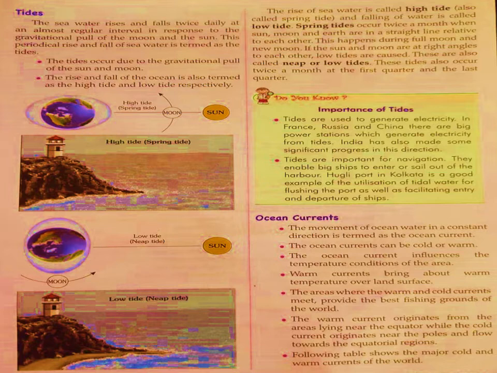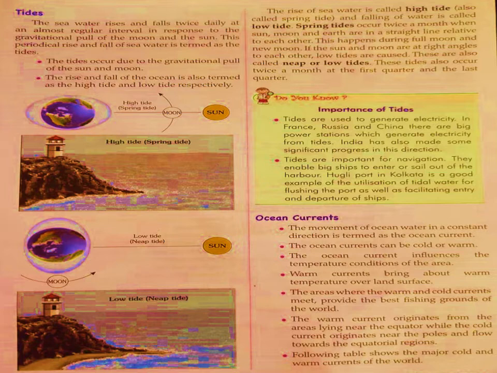Now the areas where warm and cold currents meet are the best fishing grounds of the world. These warm currents originate from the areas lying near the equator. You know, the equator is the hottest part of the earth.